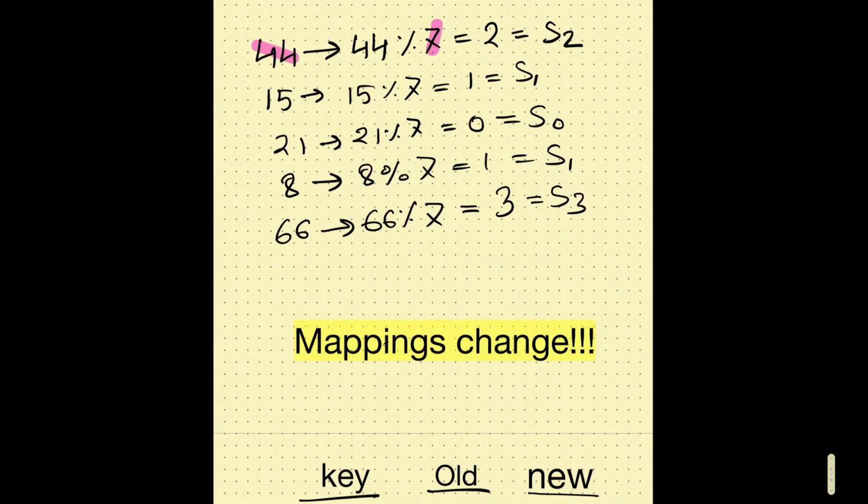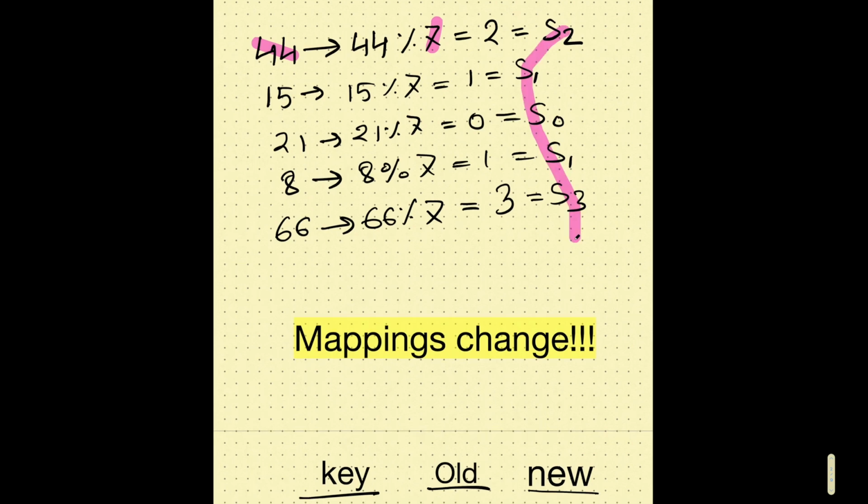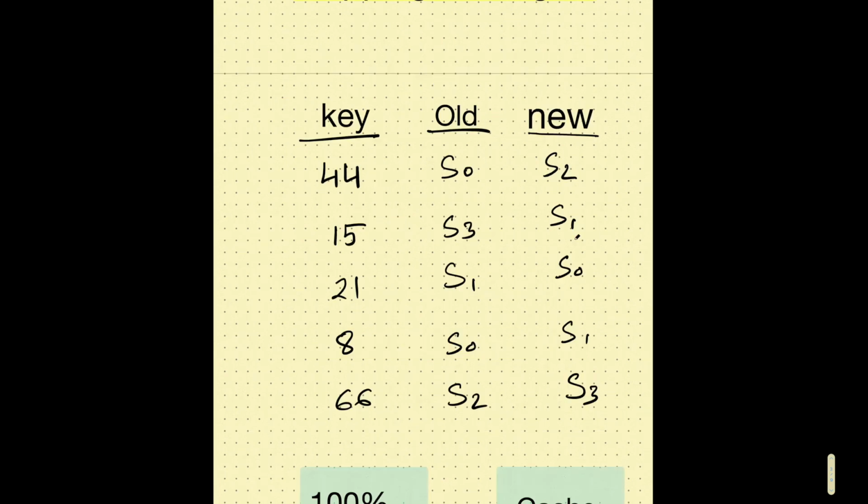So what is the obvious observation over here? All the mappings that you see over here have changed. If you look at a comparison between the two, for user ID 44, with 4 machines, our data was in server 0, but now with 7 machines, our data is in server 2.